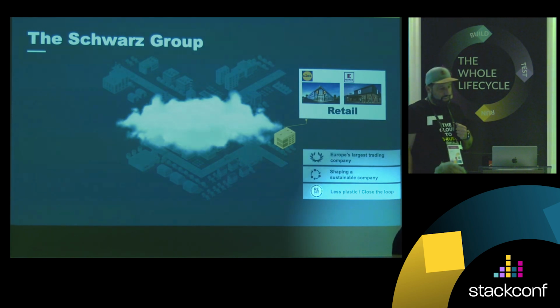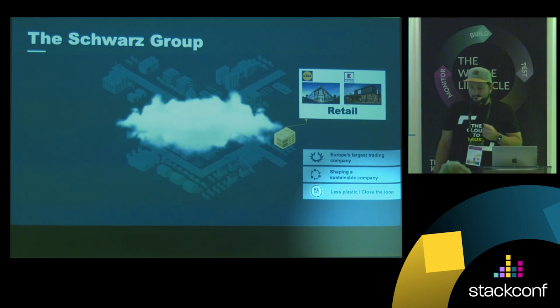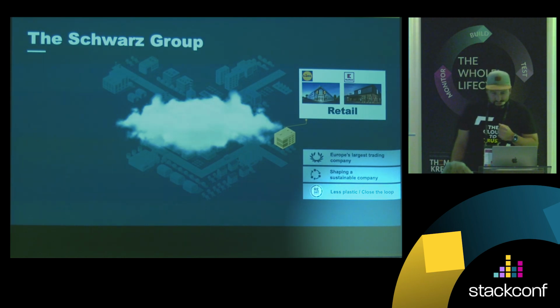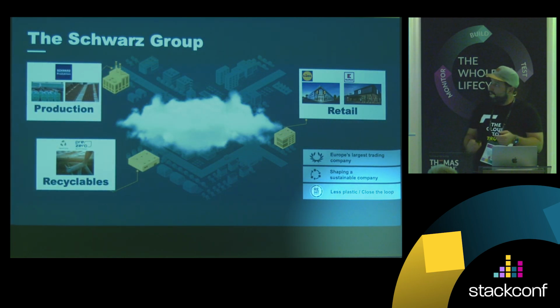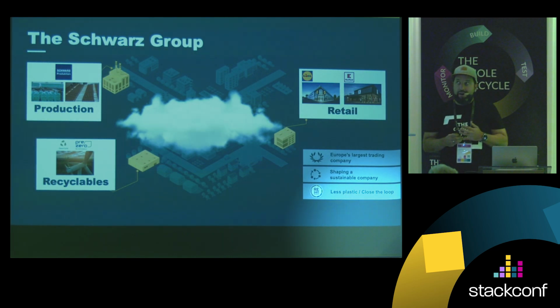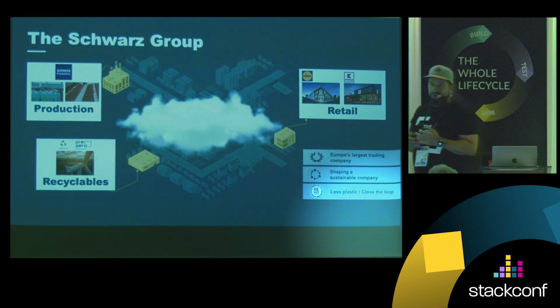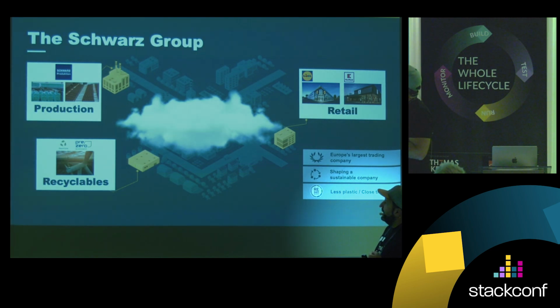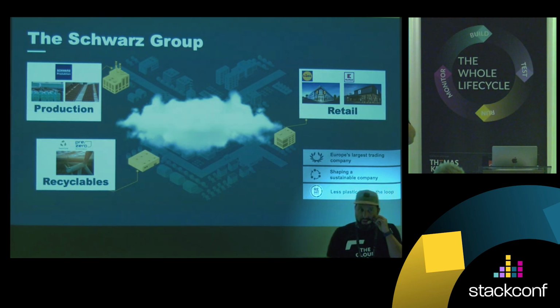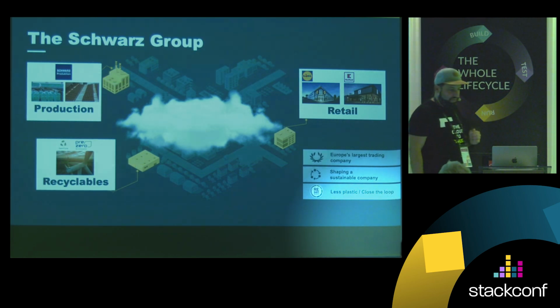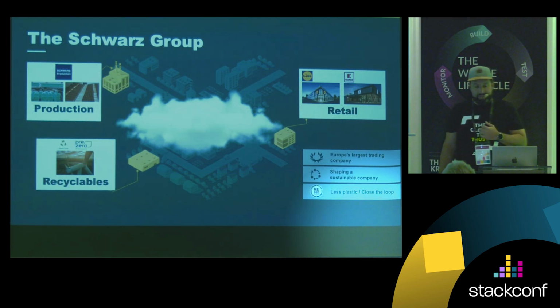What we're also doing, we have our own production facilities and recycling facilities. So we are producing water, chocolate, ice cream, and a lot of other stuff, coffee, which is important for IT. We have our own recycling company. It's called Pre-Zero. If you're a fan of Hoffenheim, the football club, we're a sponsor there.